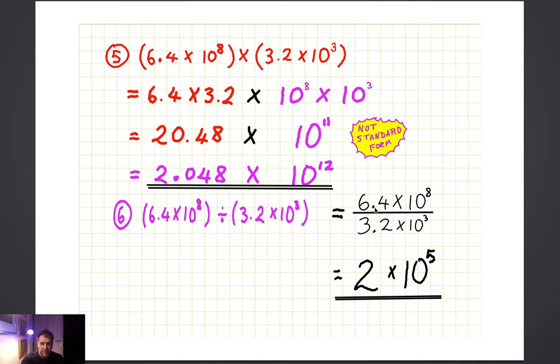So 6.4 divided by 3.2 gives you 2, and 10 to the power of 8 divided by 10 to the power of 3 gives you 10 to the power of 5. Remember the rule about subtracting powers when you're dividing powers of the same number. So that leaves us with 2 times 10 to the power of 5 as our final answer, and that is in standard form because it's something between 1 and 10 multiplied by 10 to the power of something.